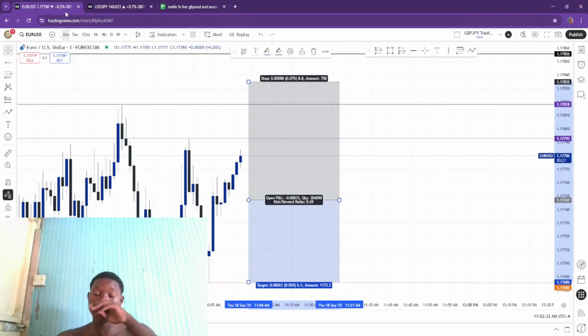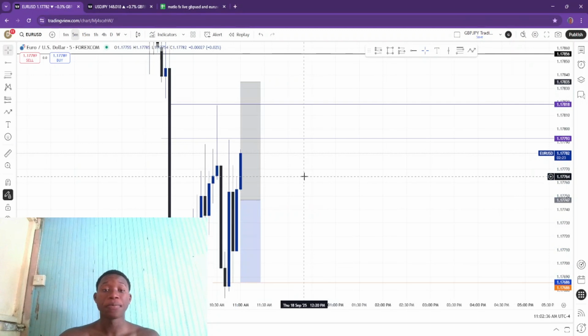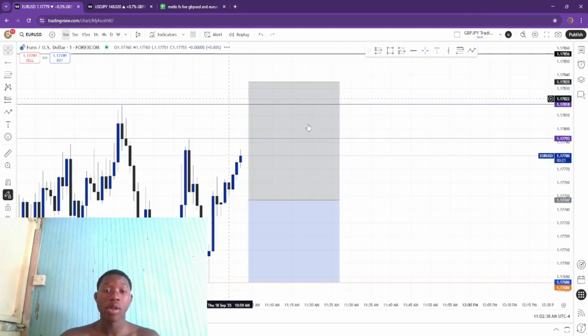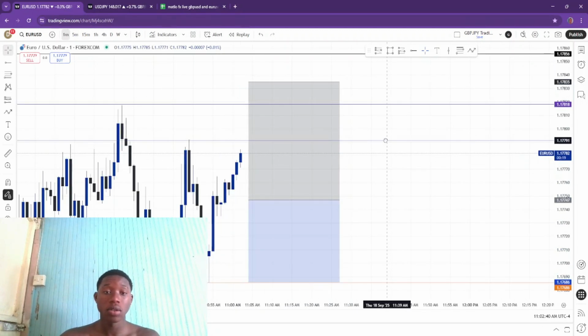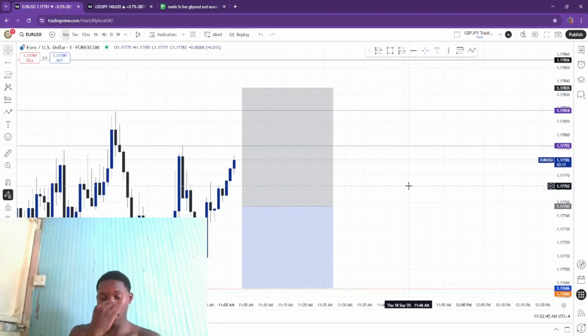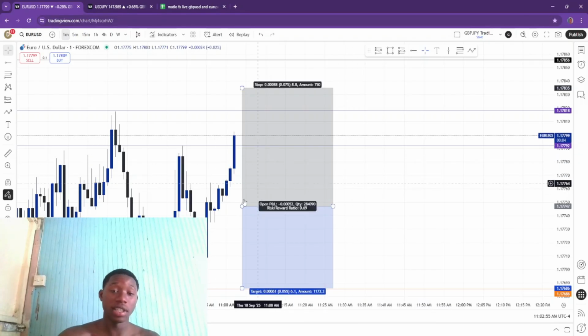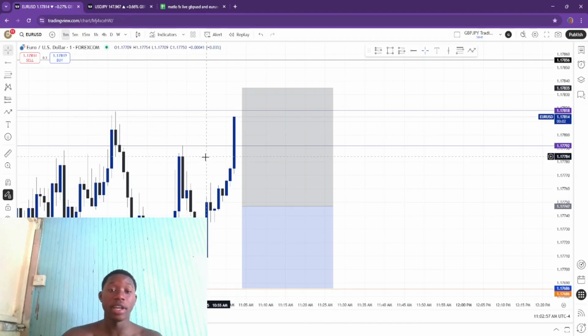More minutes for that 5 minutes to close. Let's go. Okay, there we have it. Price swept that liquidity. But the messed up thing is the next low is right down there.